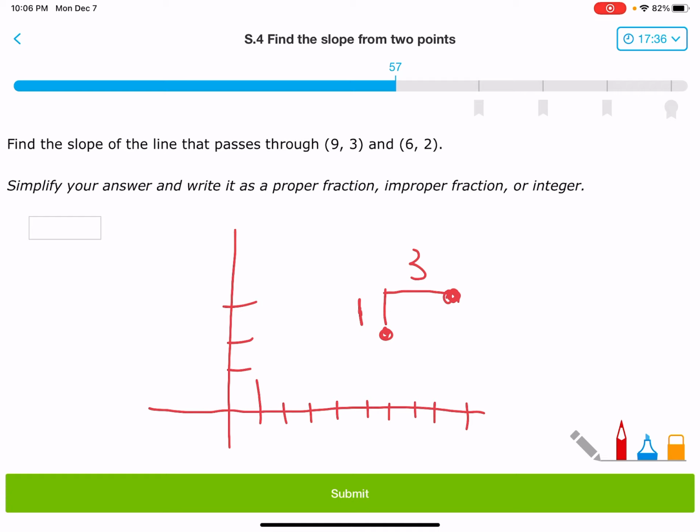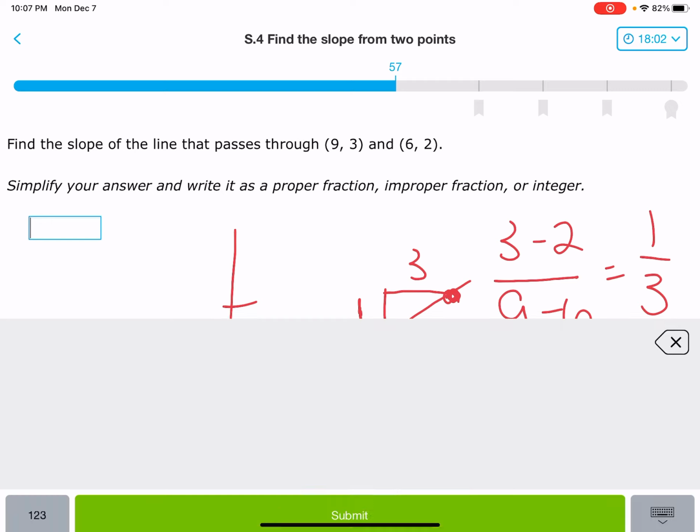We could also do the slope formula: 3 minus 2 over 9 minus 6, and we get 1 over 3. We still got the same solution.